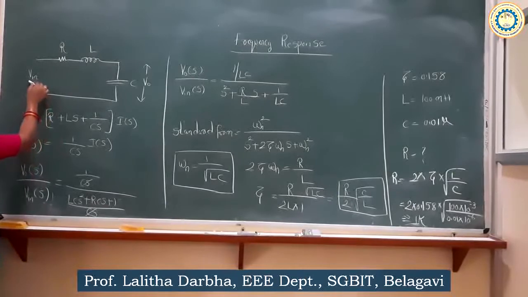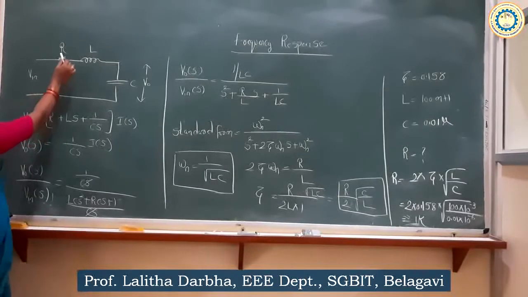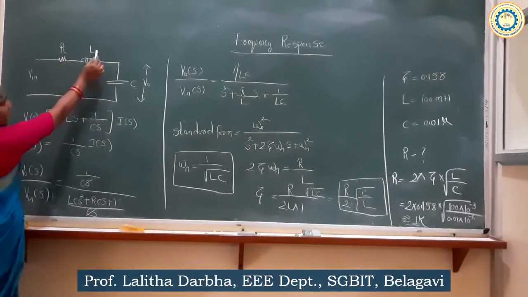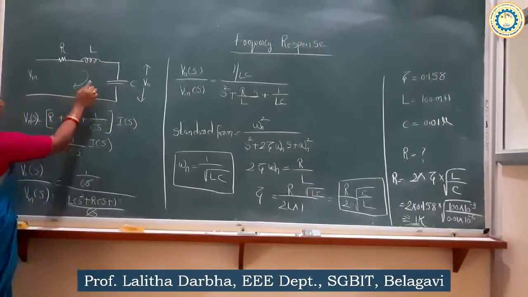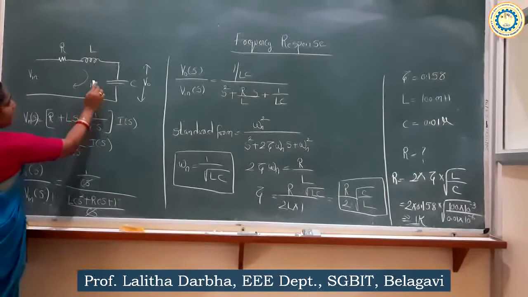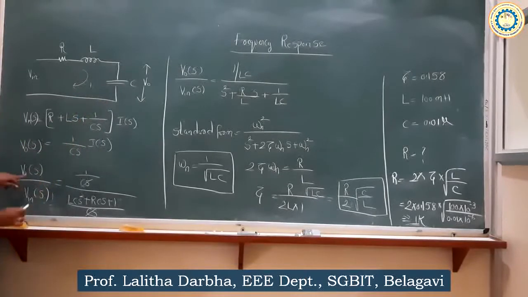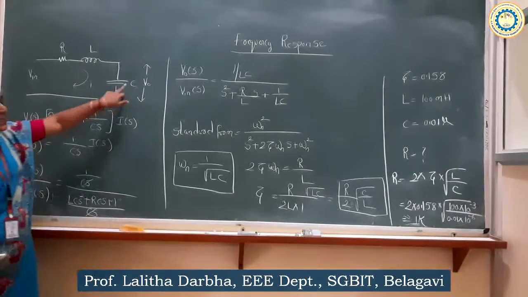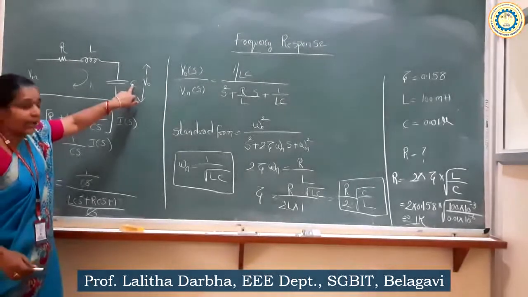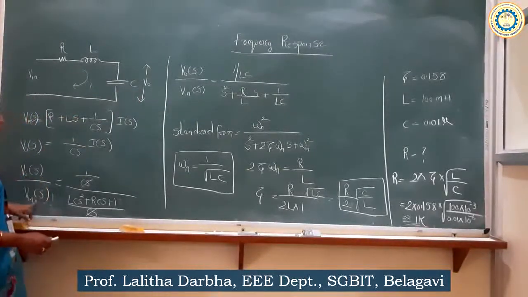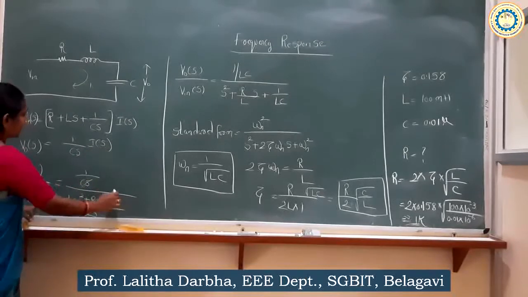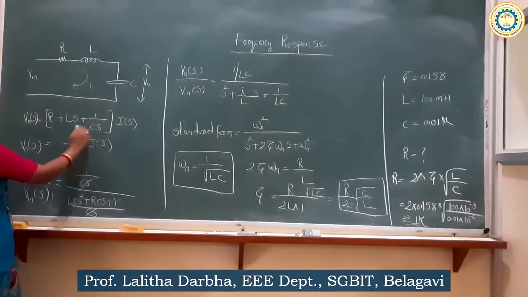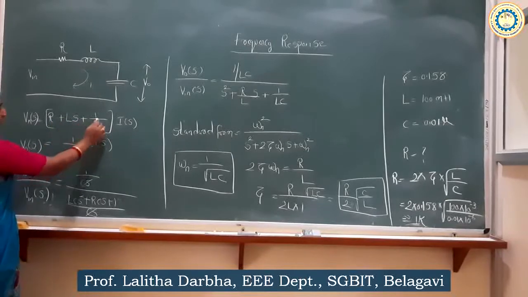So what is V i of S? V i of S is R plus Ls plus 1 by Cs into I of S. And what is V naught of S? V naught of S is 1 by Cs into I of S. So what is V naught of S by V i of S? 1 by Cs I of S divided by, taking Cs as the LCM, RCs plus LC S square plus 1.